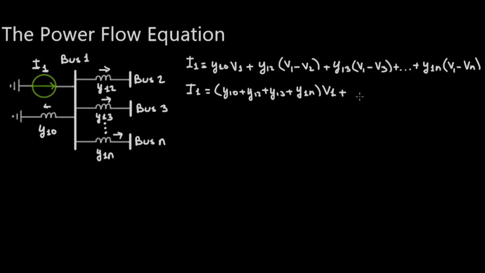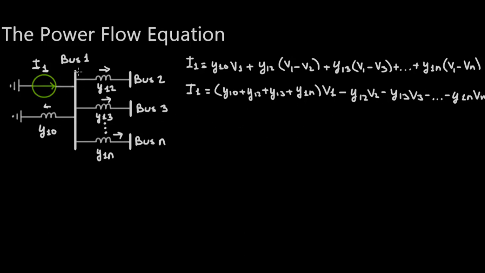Then I get minus the terms for the bus voltages at the other buses: Y12 V2, minus Y13 V3, minus Y1n Vn.